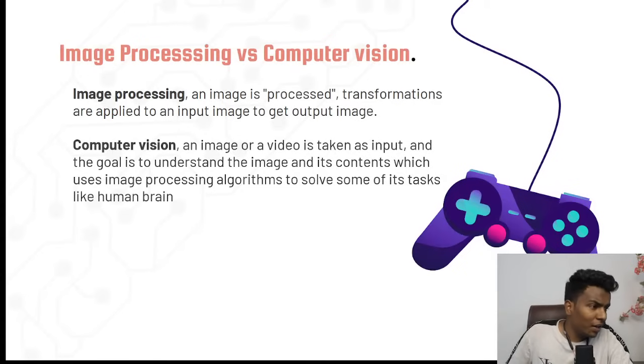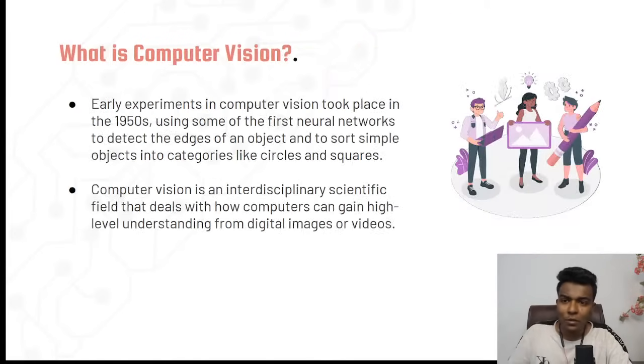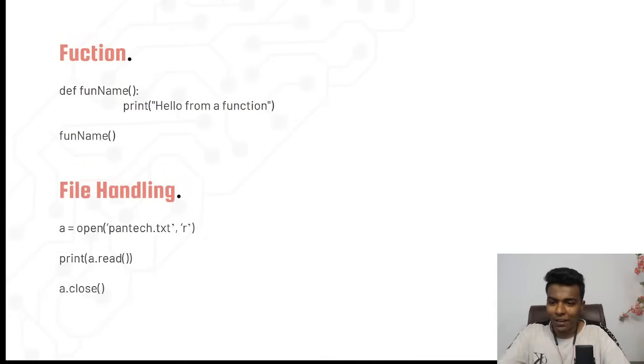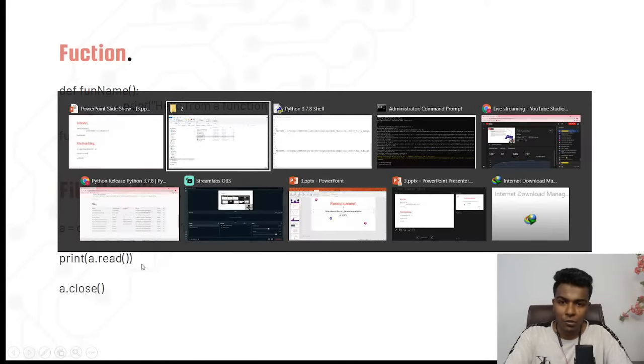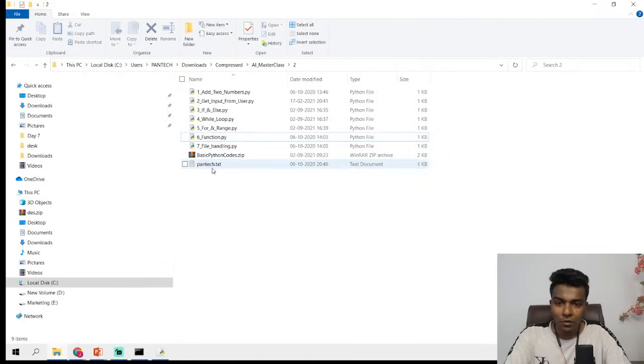We have got a question about file handling. File handling is simple. It's like a = open('Pantech.txt', 'r'). Because of the timing, I just scripted it. Here r means read. Then a.read will read the text file and print it for you. If you want to execute, I can execute.